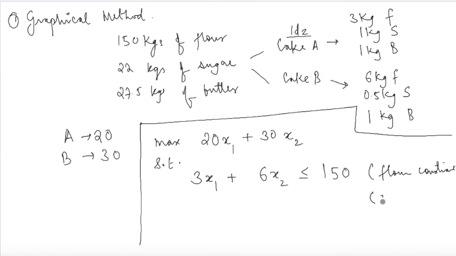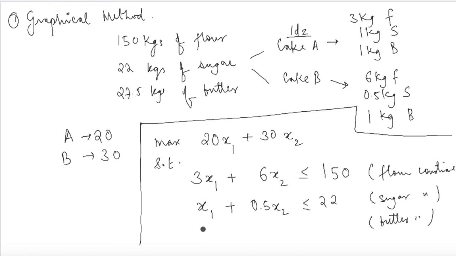Similarly, you will establish the constraint for sugar and for butter. And they will be 1 kilogram of sugar required for cake A. So x1 kilograms of sugar required for x1 cake A and 0.5 x2, has to be less than or equal to 22.